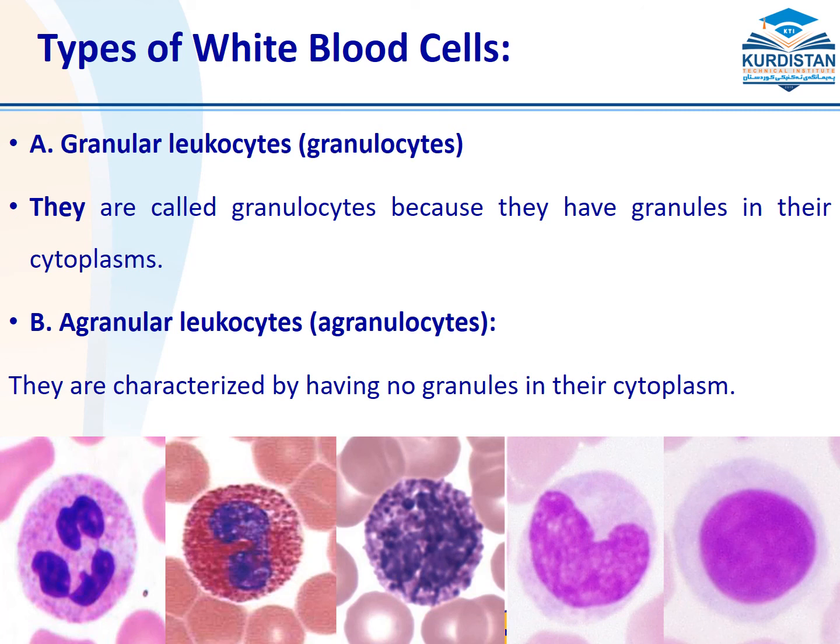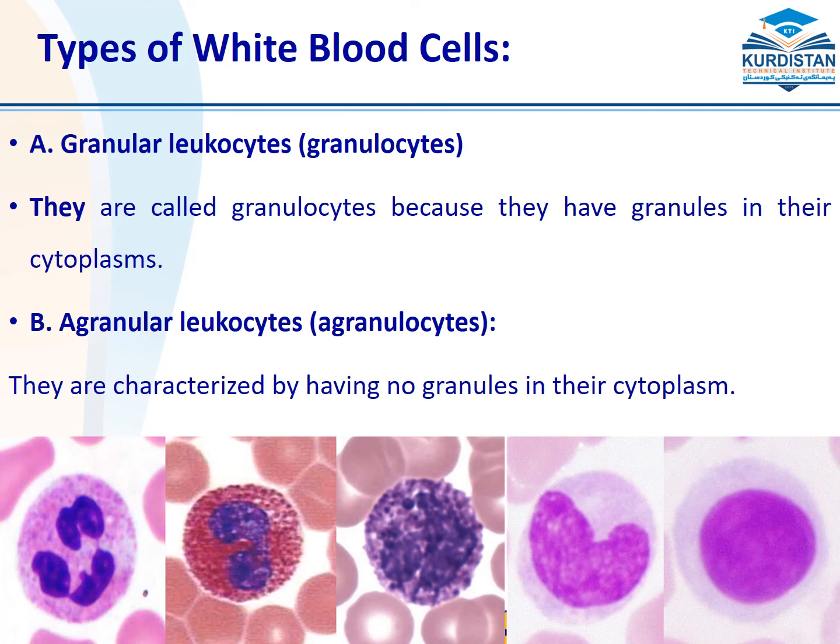Then what we have, the white blood cells can be classified into two main groups based on the presence and absence of granules within the cytoplasm. So when the white blood cells are properly stained and checked under an ordinary or light microscope, if the cells have granules within the cytoplasm, they are called granulocytes or granular leukocytes.